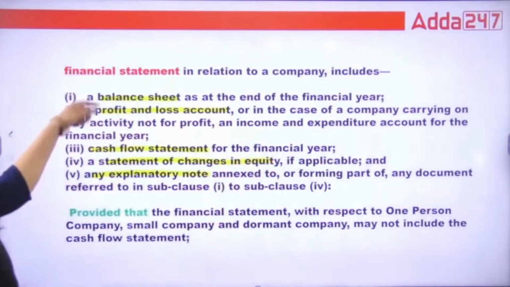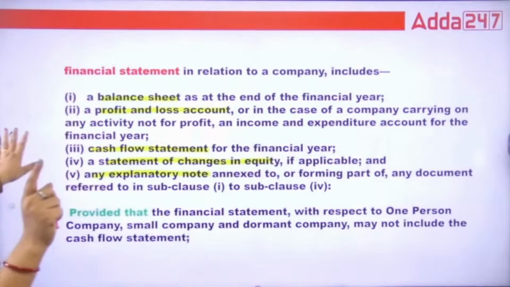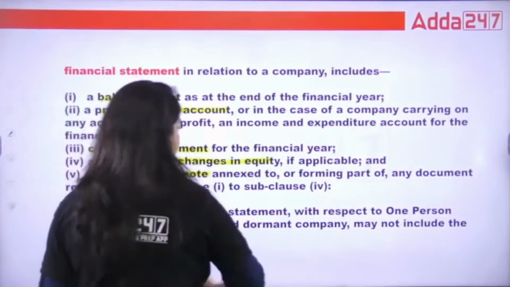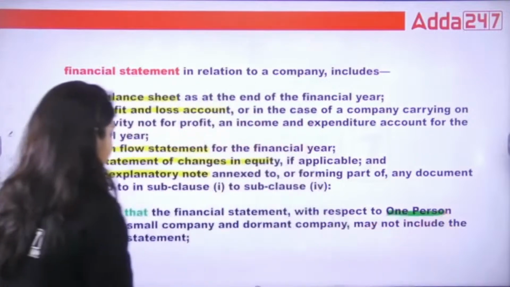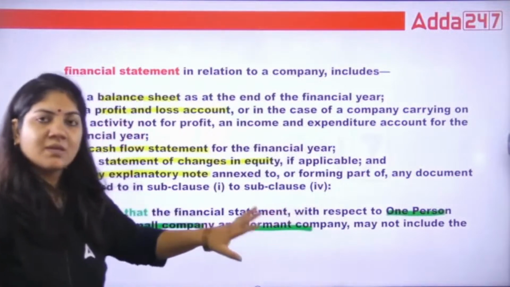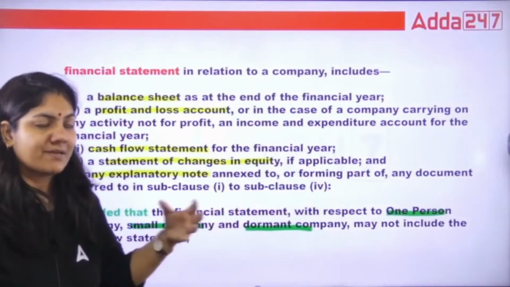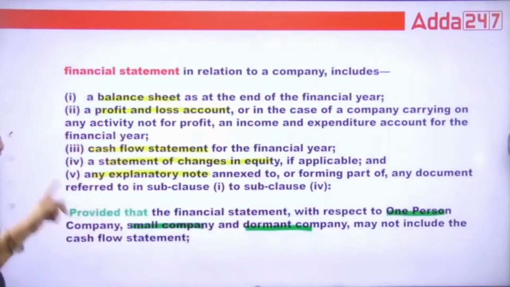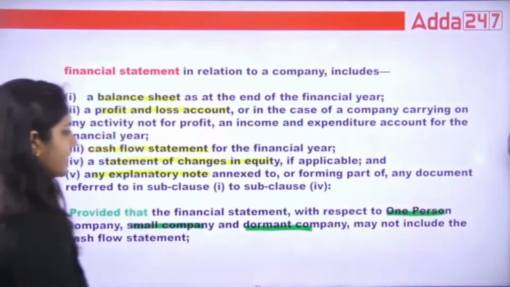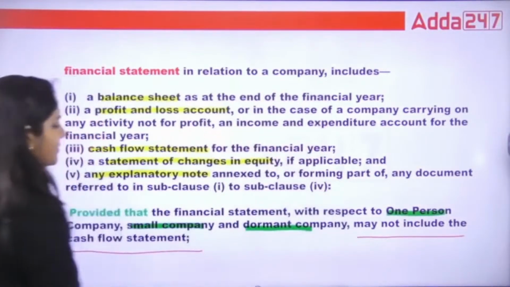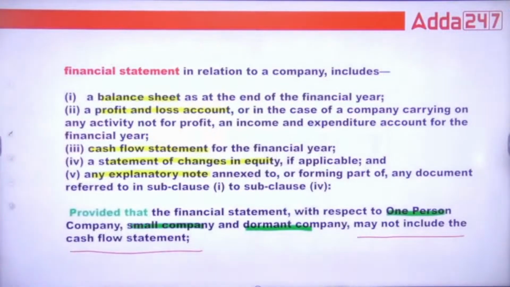One thing you have to note down: if we talk about a one-person company, a small company, and a dormant company, dormant meaning a sleeping company that does not actively participate in the business, these may not include the cash flow statement.